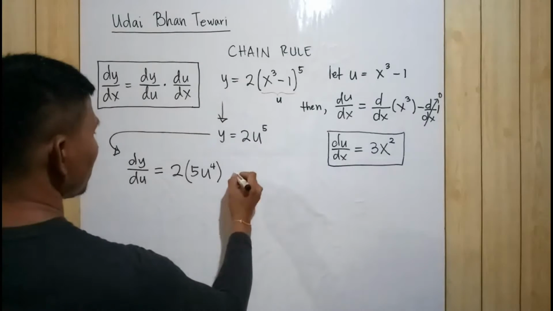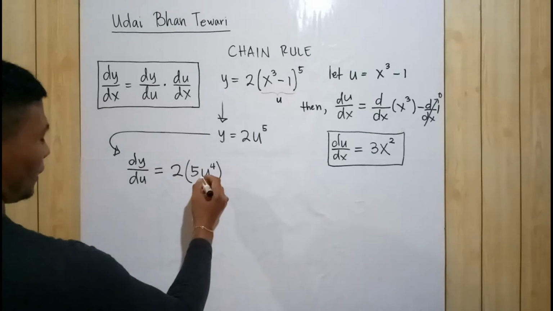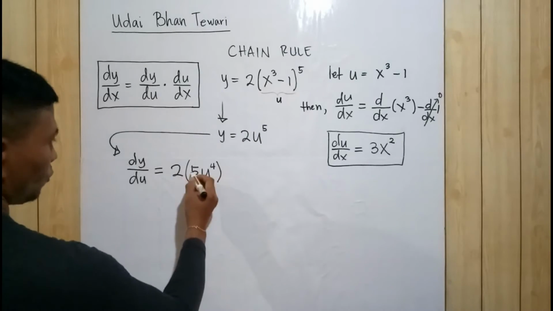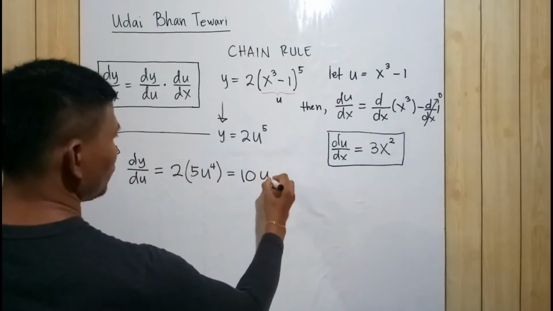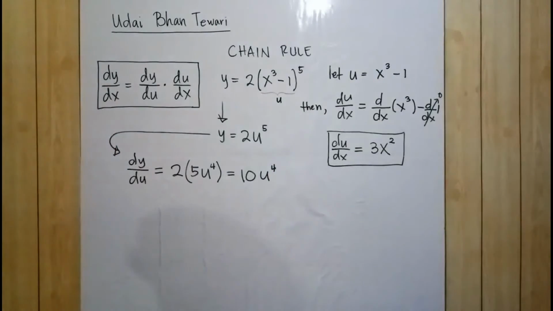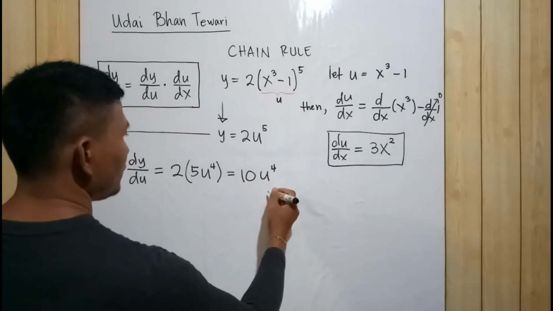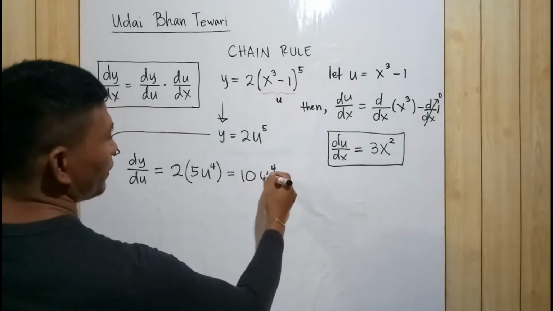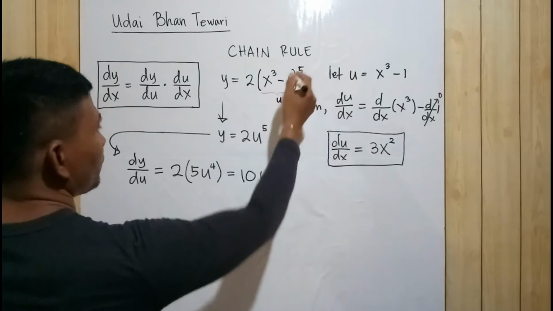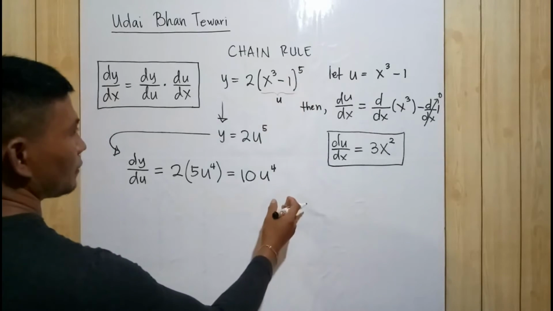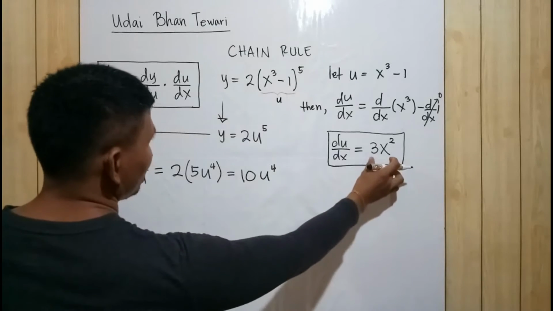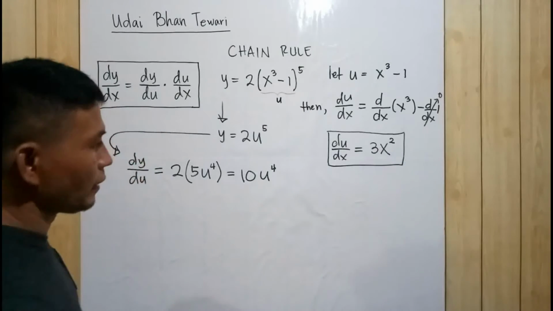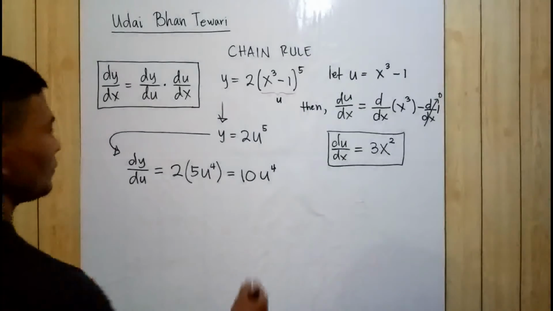Okay, proceeding on, we can combine 2 and 5. 2 times 5 is 10, and then we have u to the 4th power. Now we can substitute the original value of u, which is x cubed minus 1, so that we will have x, which is the same variable as our du/dx, so that later we can combine them.